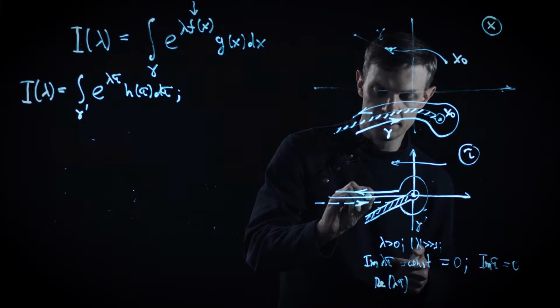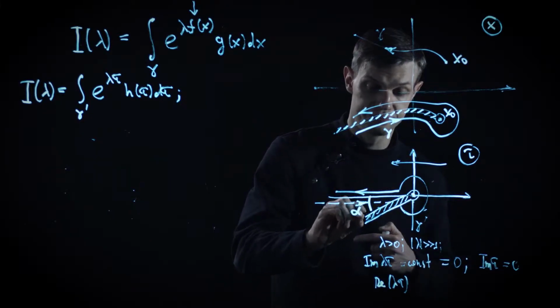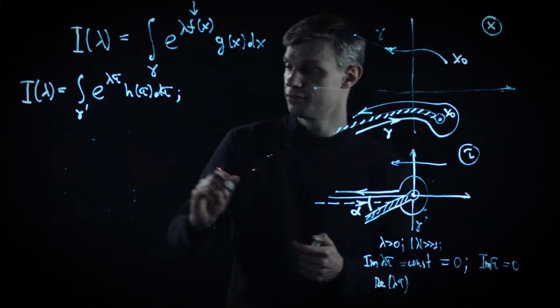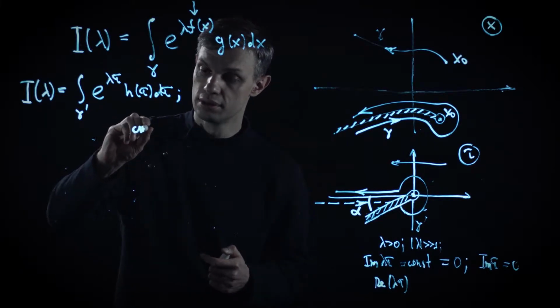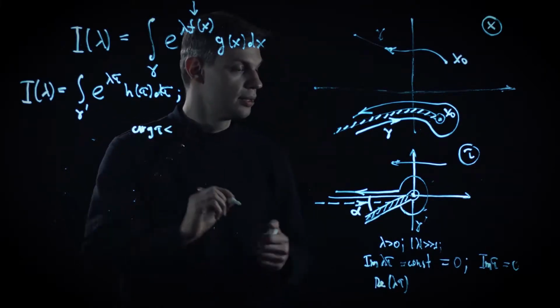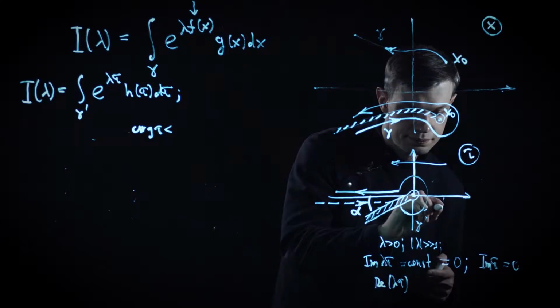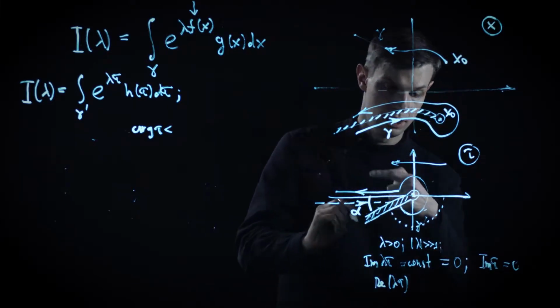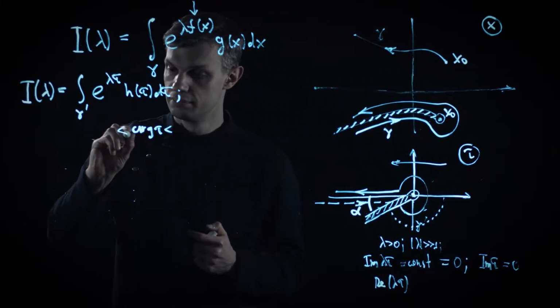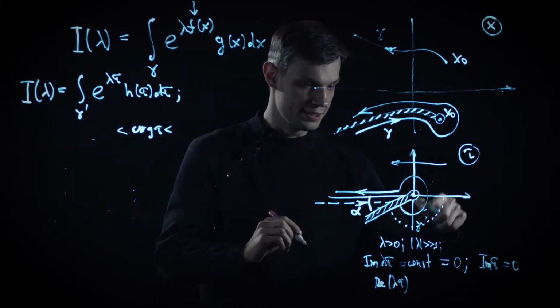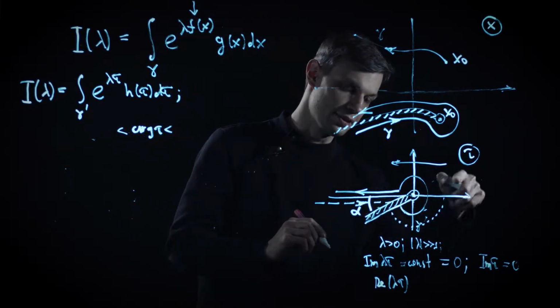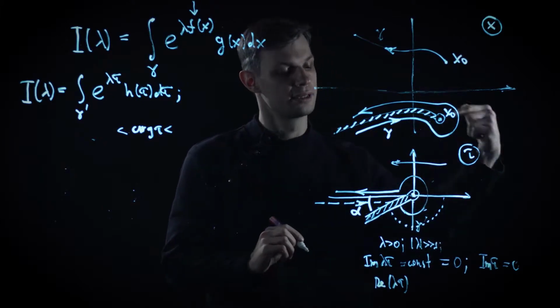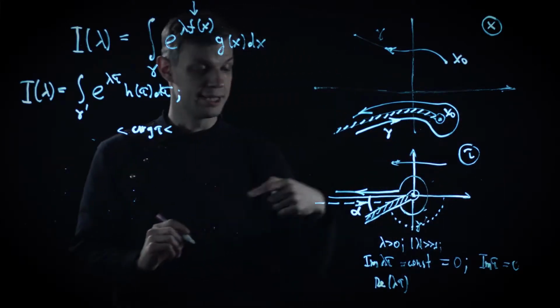Suppose this angle here at the origin is alpha, and the argument of tau initially belongs to the region from pi minus alpha. Oh, sorry, this is a pi minus alpha angle, but since we move in this clockwise direction, it's minus pi plus alpha.